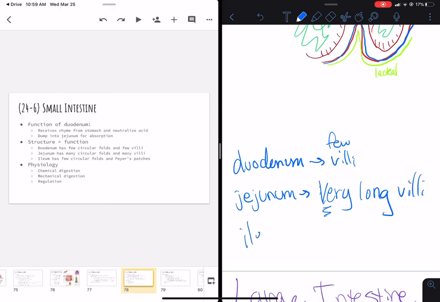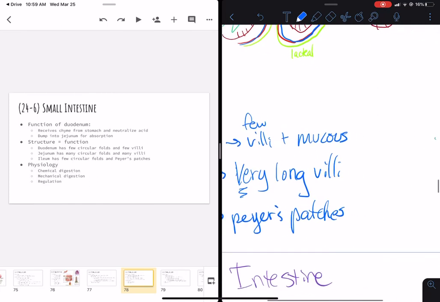And then the ileum, you'll see Peyer's patches. The duodenum, you'll also see some mucus glands.